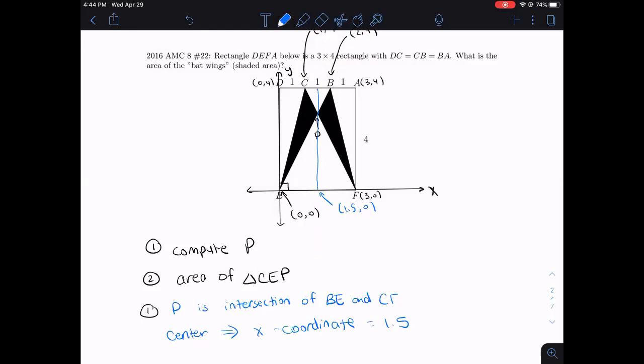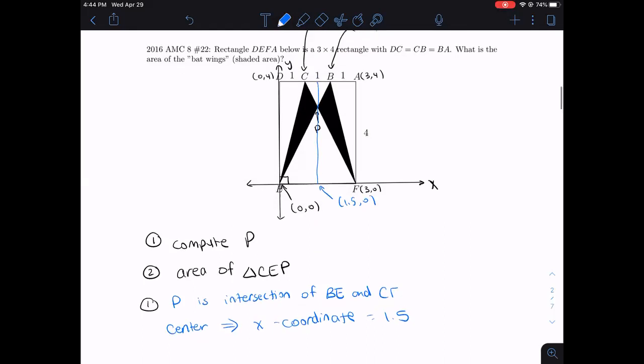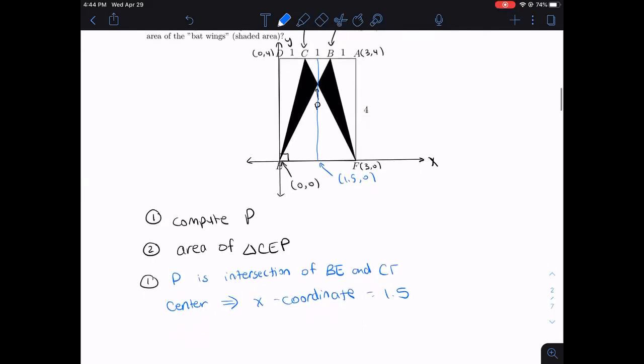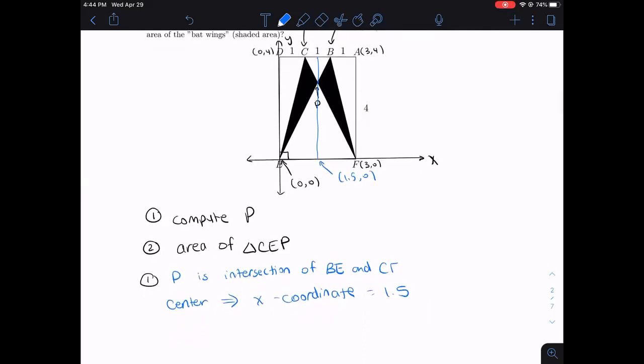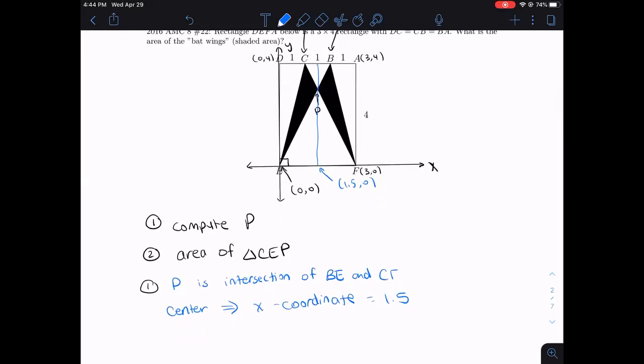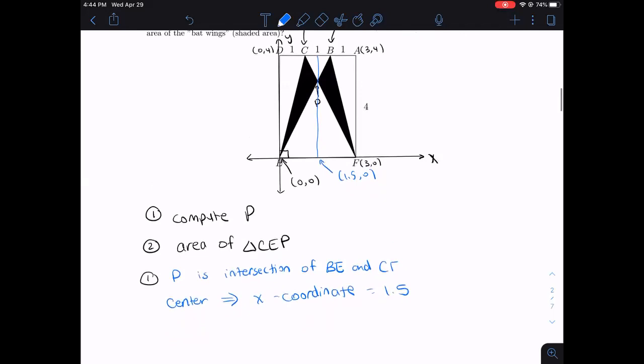Yes, the answer is C, which is 3. But let's just go through to solve this problem. So the x coordinate is, so this is just saying P is halfway between E and F in terms of the x coordinate.